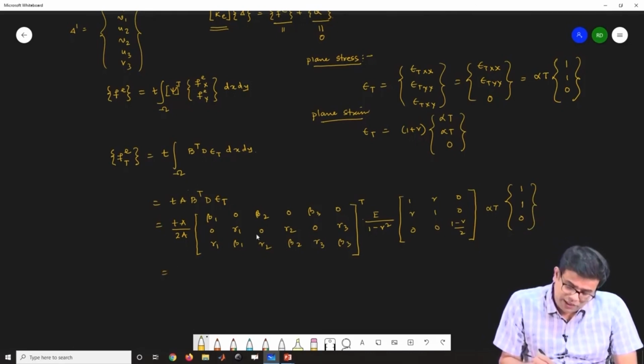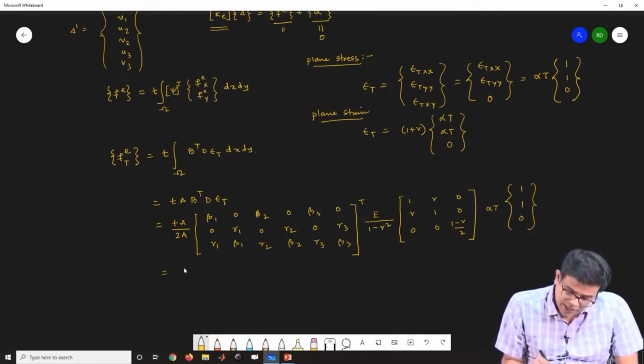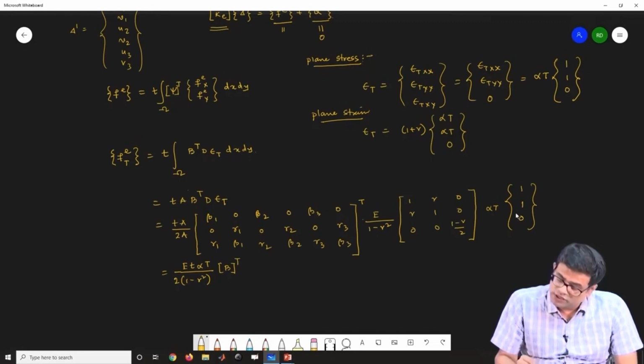So now if I multiply this, then I can easily write E T alpha capital T, then 1 minus nu square, 2 will be there. So let me write the B transpose again and then multiply this with this.